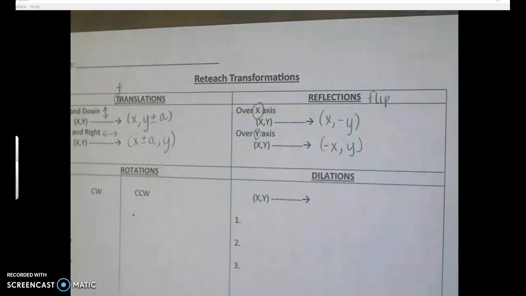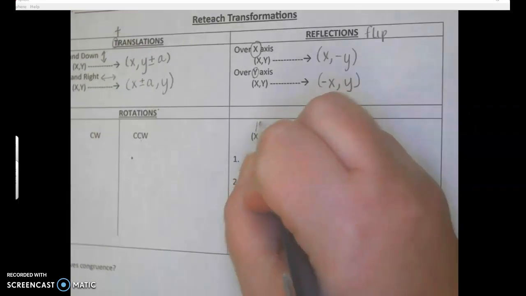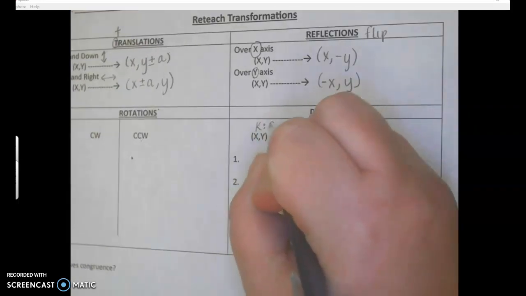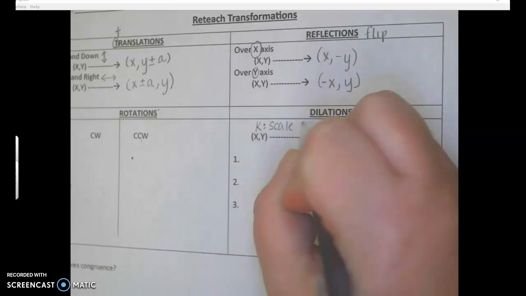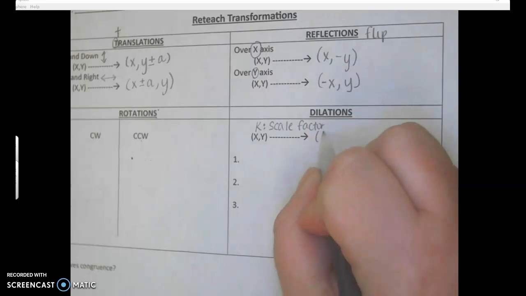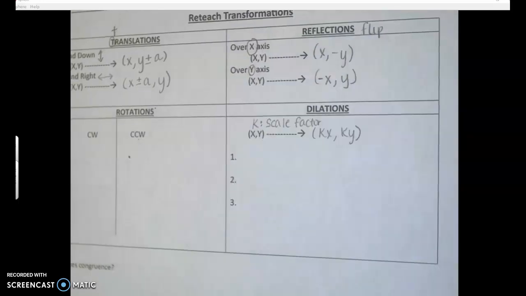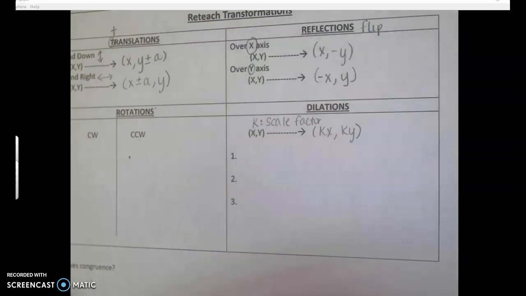We're going to skip rotations for just one second, and we're going to look at dilations. A couple things about dilations is we need to know that K is our scale factor, and we do it as K times X and K times Y. Three things about dilation.